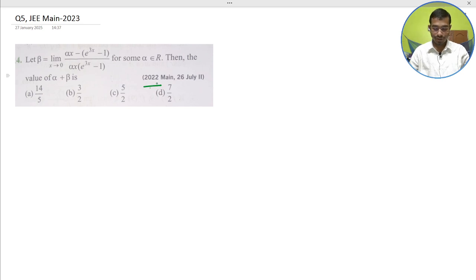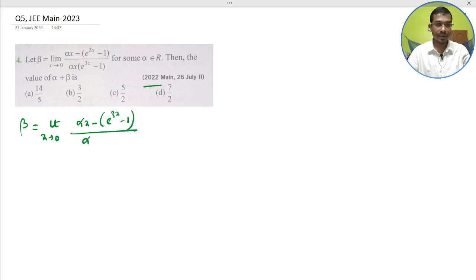So first you just try to solve by yourself. So here beta is limit x tends to 0, alpha x minus e to the power 3x minus 1 divided by alpha x into e to the power 3x minus 1. This is beta.